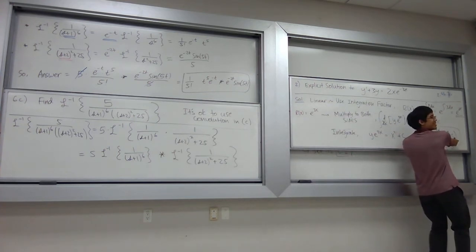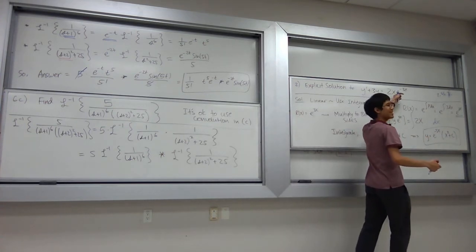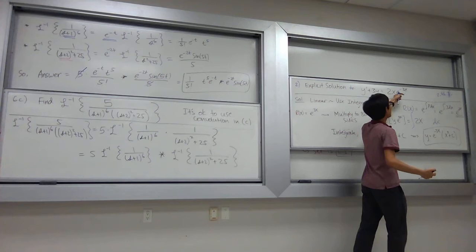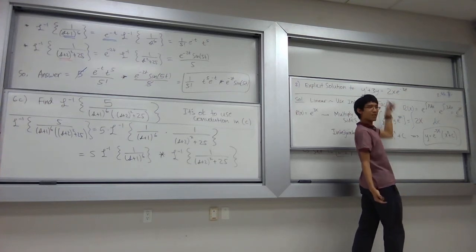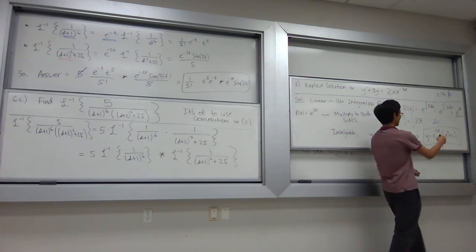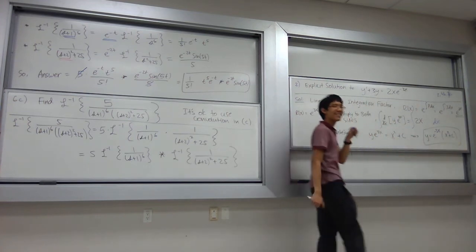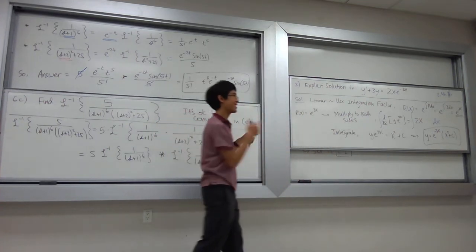Then you make a guess for the right-hand side. You would guess yp is ax e to the 3x. That e to the 3x has an overlap, so you shift it once to x squared e to the 3x. If you do it like chapter 2.5, you get the same answer.